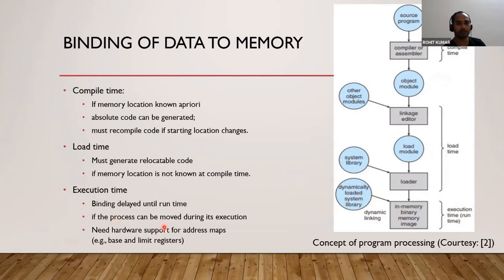And if your process is such in nature that it can be moved from one location to another during execution, then only can you have the concept of DLL files. Because if there is some program that doesn't allow runtime linking, then obviously you cannot have any sort of DLL file. And finally, the last point, you need hardware support for address mapping.